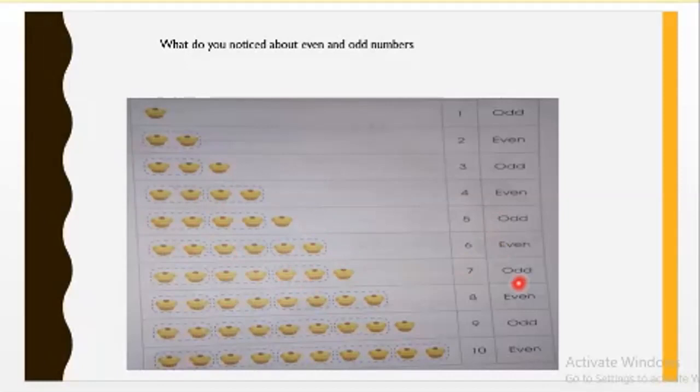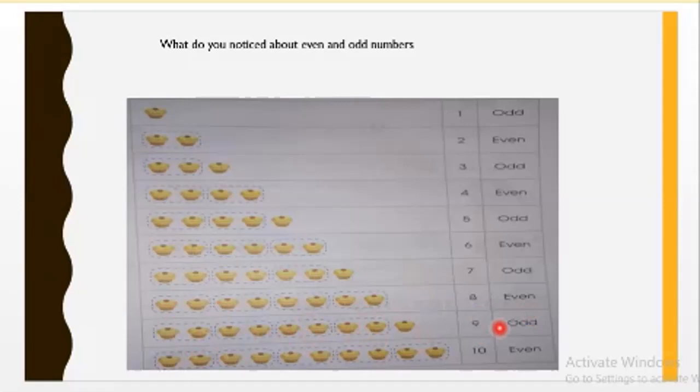Okay. Third last, in the number 8, we make a group of 2, and all the groups are perfectly made over here. No cupcake is left. So 8 is an even number. Now, the second last one, in the 9 cupcakes example, we make a group of 2, but 1 cupcake is left, so 9 is an odd.